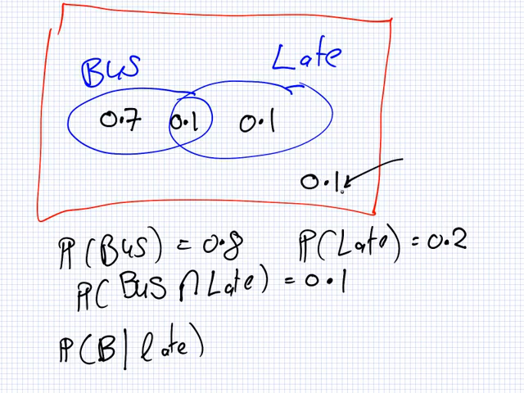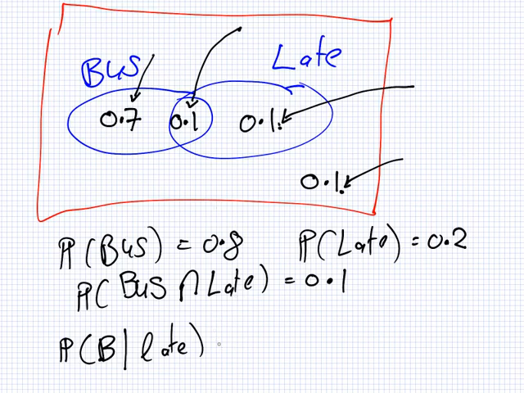What does this represent? No. They do not take the bus and they are not late. What are these people here? Late. Don't take the bus but they're late. These people here? Take the bus and late. And then take the bus and not late.